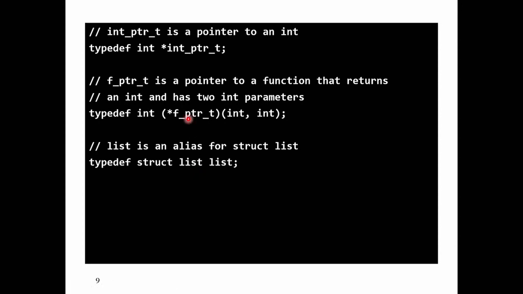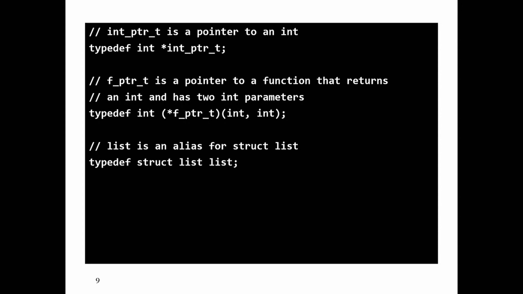This other thing up here looks really gross, and it should look gross to you, and it should be impossible to read for most of you. It is a typedef for a pointer to a function. The syntax is a bit odd. That thing there is your new name, so f_pointer_type is my new name.